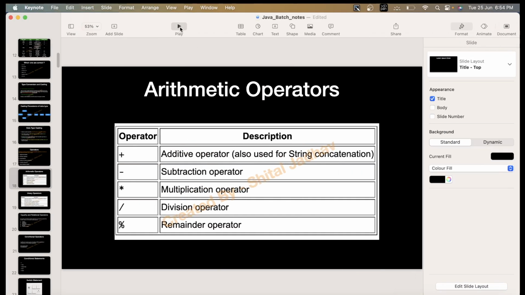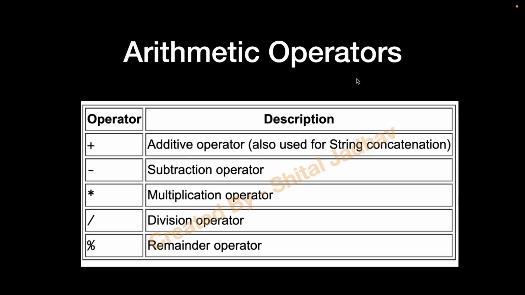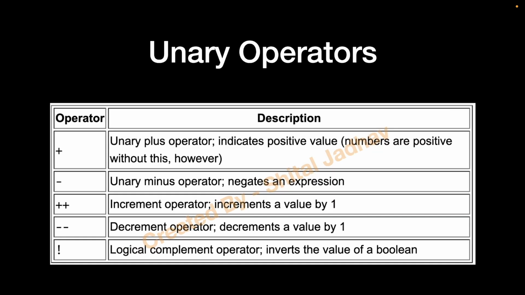So now you know the arithmetic operators. The second one is the unary operator. In the unary operator you have this plus, which indicates that the number is a positive number. Whenever we use the minus unary operator, it means your number is negative, or it negates.